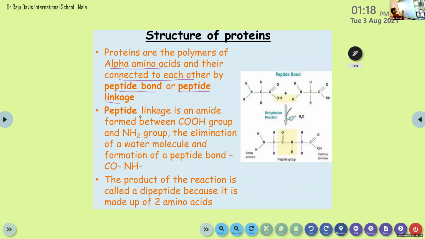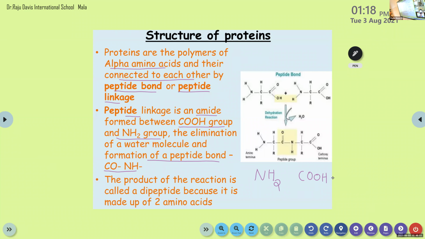This peptide linkage is an amide formed between COOH group and NH2 group. There is the elimination of a water molecule and formation of a peptide bond, that is CONH. You know that there are two groups there, right? NH2, that is amino group, then COOH.